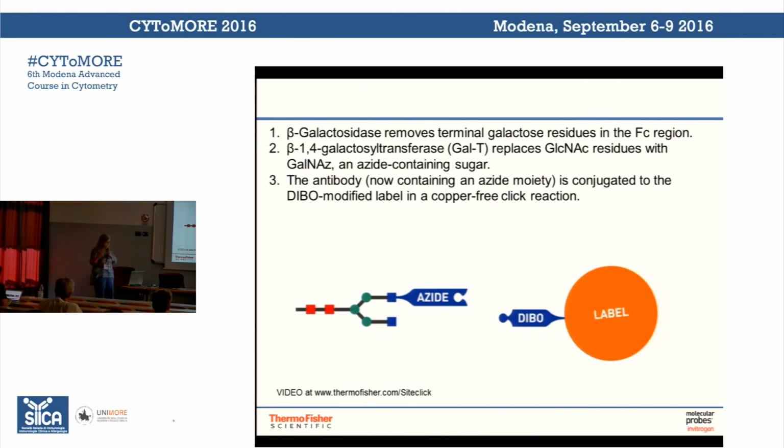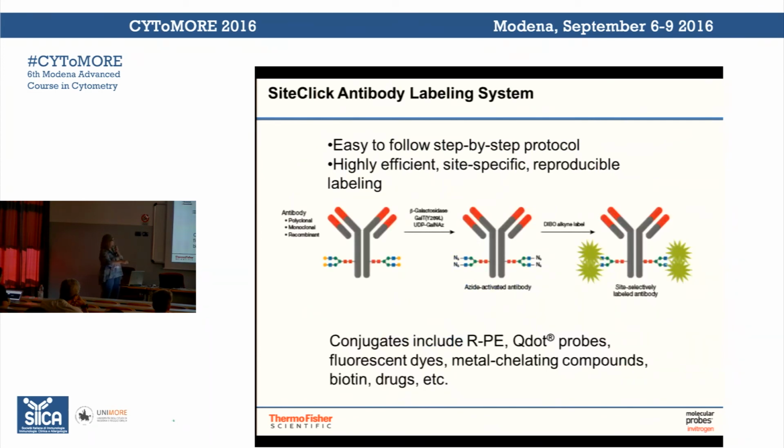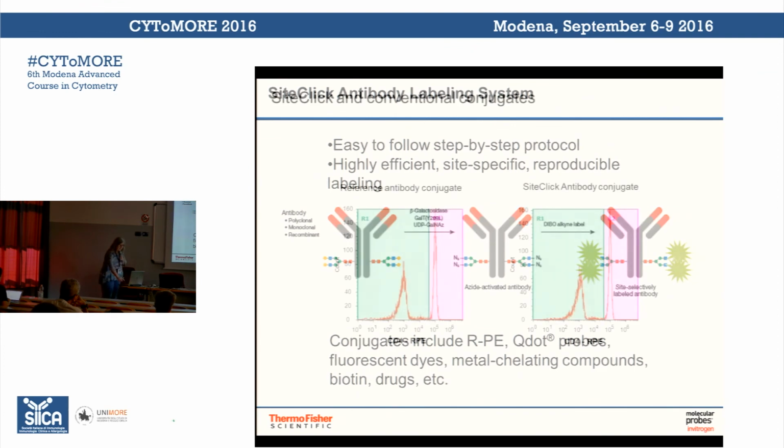So the DIBO is the alkyne. And then in a copper-free click reaction, these join in a covalent bond. So this DIBO can be conjugated to a fluorophore, a Qdot, a bead, a drug, whatever you want to label it to. And now your antibody is labeled very specifically in the Fc region of the antibody.